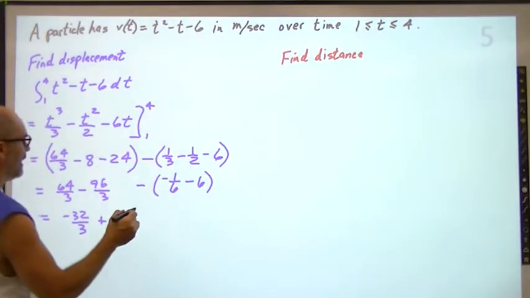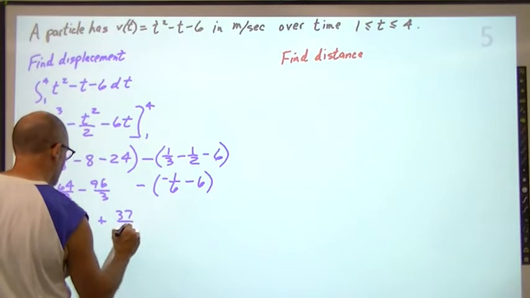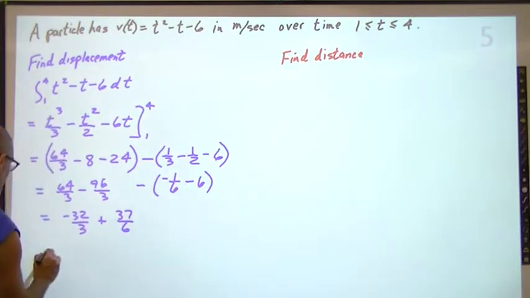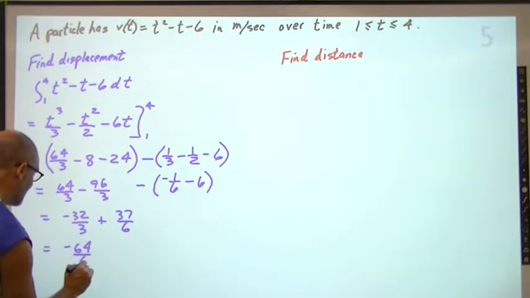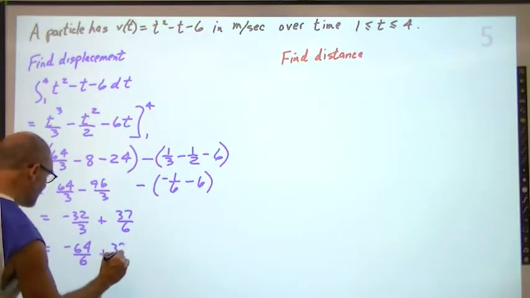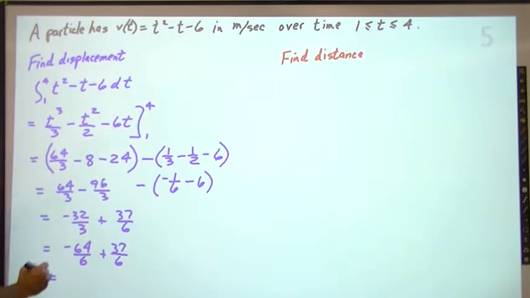Plus, and once again, 37.6. And so this equals negative 64.6 plus 37.6, which equals 27.6.